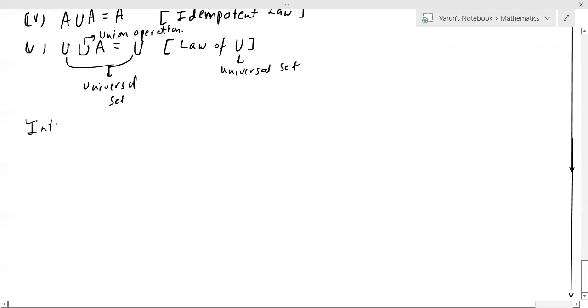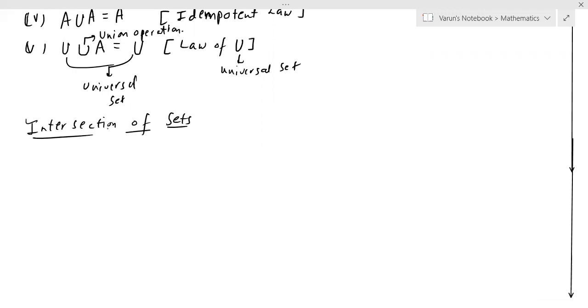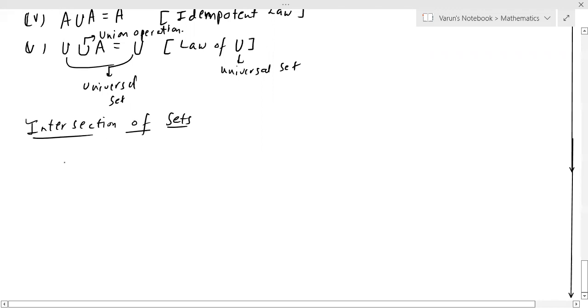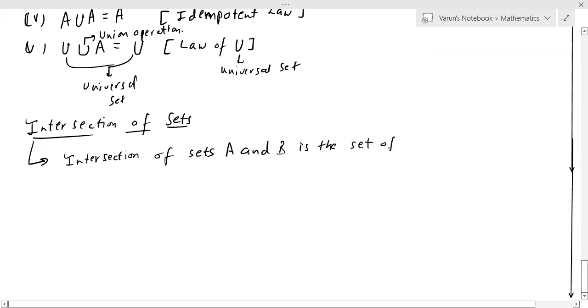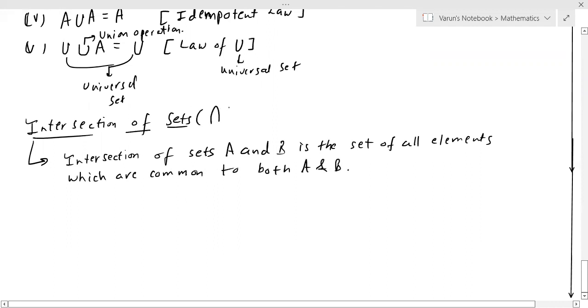Next is the intersection of sets. The intersection of sets A and B is the set of all elements which are common to both A and B. The symbol that you use is just the upside down of the union operator.